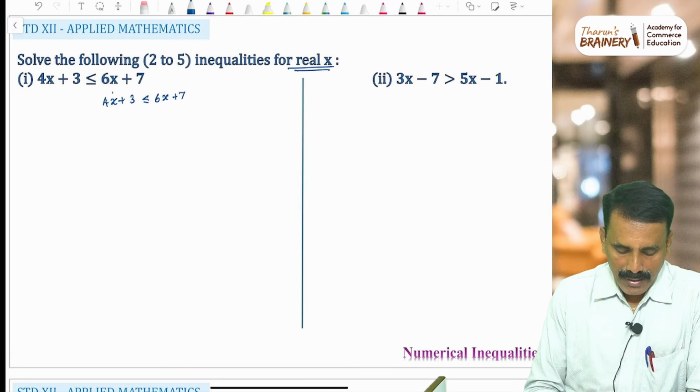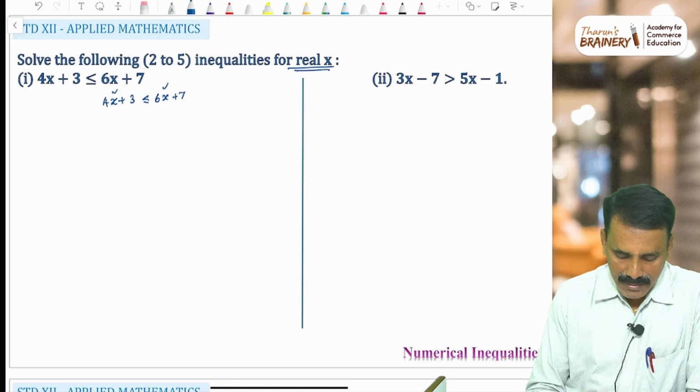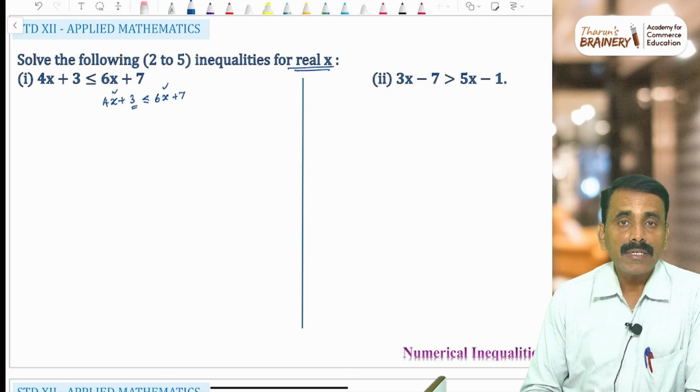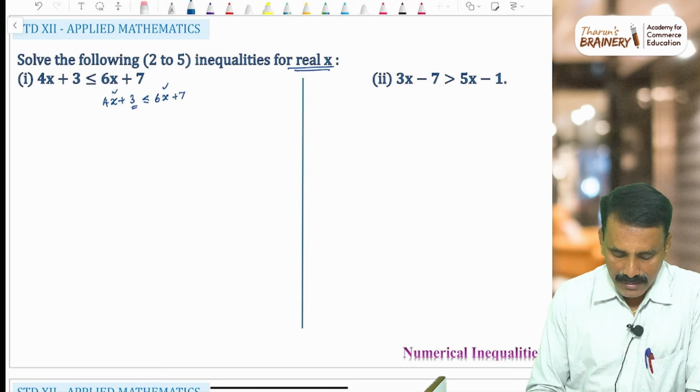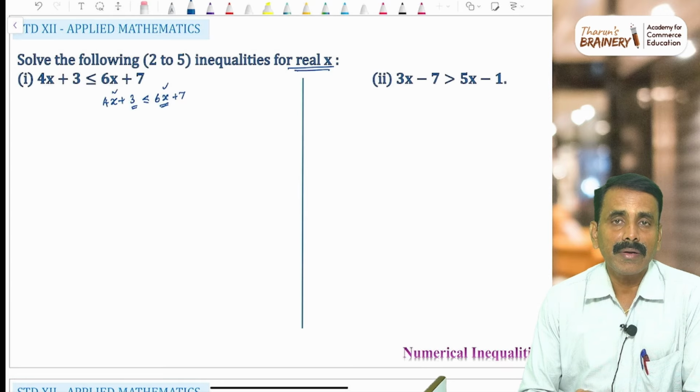Here we are having an x term and here we are having an x term. So, I must eliminate this constant on the left hand side and I must eliminate this variable on the right hand side. That is my prime target, to find the value for x.